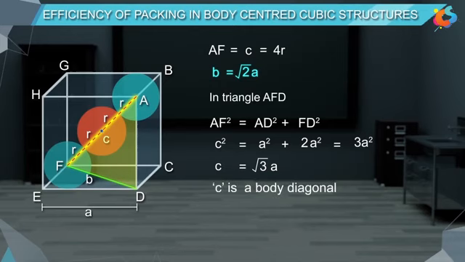But c is a body diagonal which is equal to 4r. Therefore, c is equal to √3 a, which is equal to 4r. a is equal to 4r by √3.